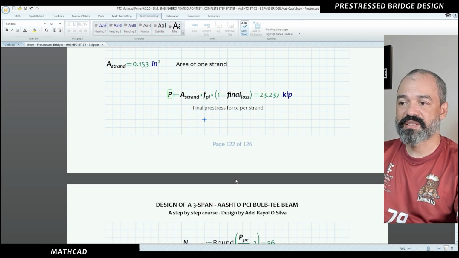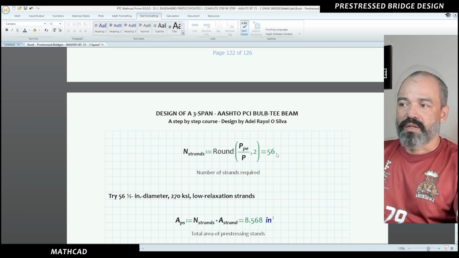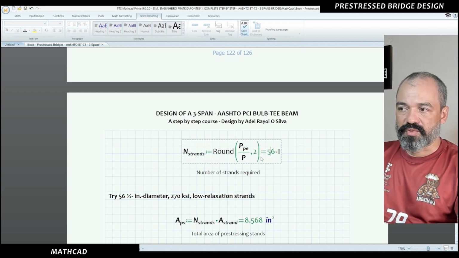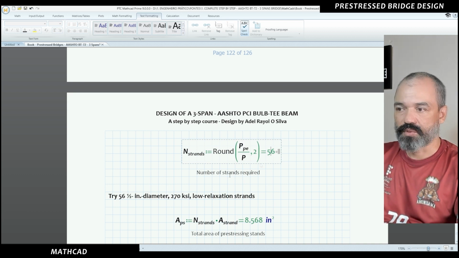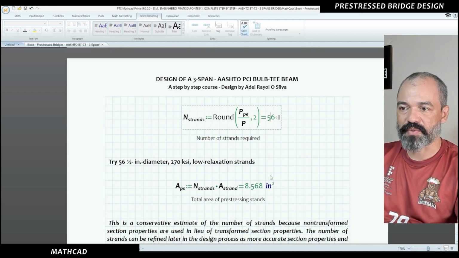23.23 kips. So the number of strands would be this force divided by the final force per strand. I rounded to a number that is a multiple of 2. So the number of strands required, 56 strands.